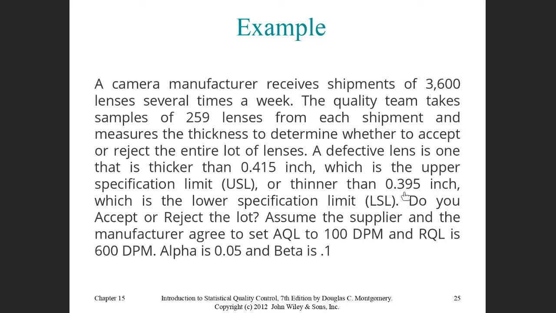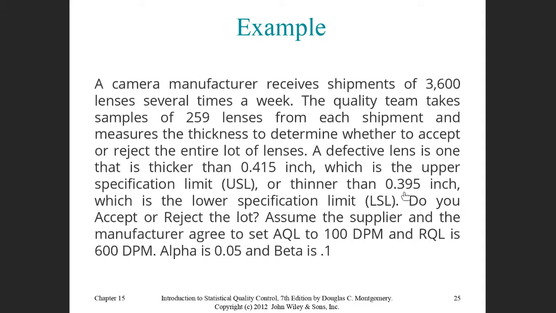Now the question asks: do you accept or reject the lot? And the other question asks you to assume that there is an agreement between the supplier and the manufacturer, and both agree to have AQL of 100 dpm and RQL of 600 dpm, alpha set to 0.05 and beta 0.1.